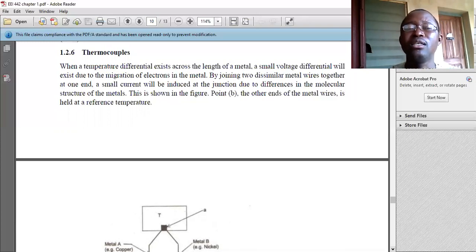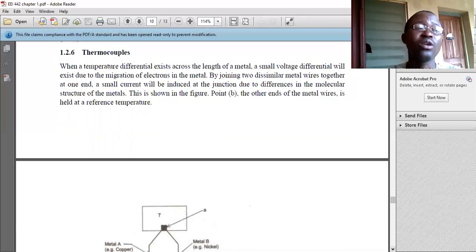Why is that happening? Because two dissimilar wires are joined together at one end, the electrons will flow in the wires at different rates, even though they are getting the electrons from the same junction. For that reason, there will be differences in the molecular structure.